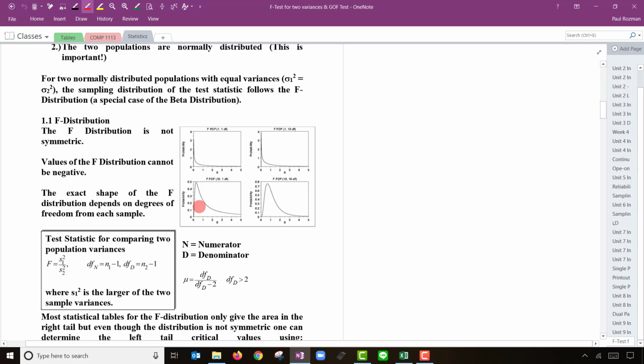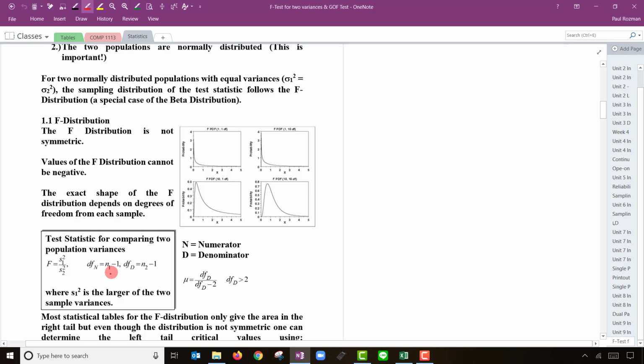Again, it's one of those distributions that has quite differing shapes depending on various parameters, and in this case it's degrees of freedom, like the t distribution. Its shape depends on the degrees of freedom of the numerator and the degrees of freedom of the denominator. That's what this dfn and dfd are, n for numerator, d for denominator.